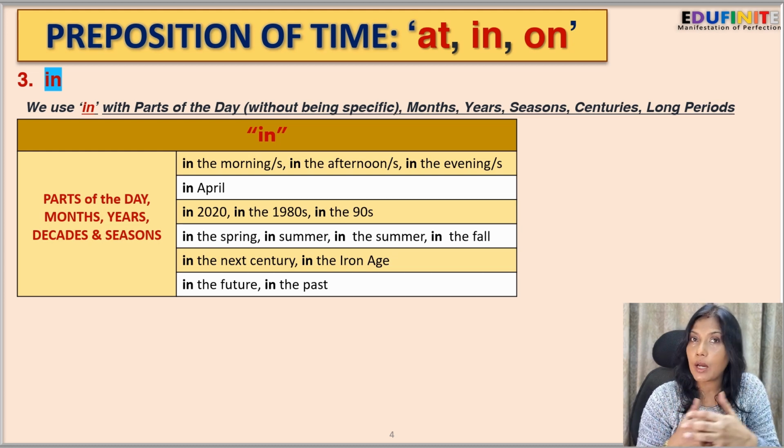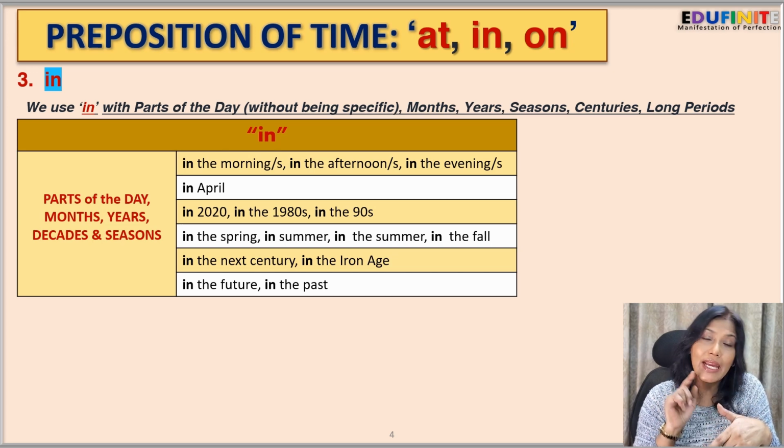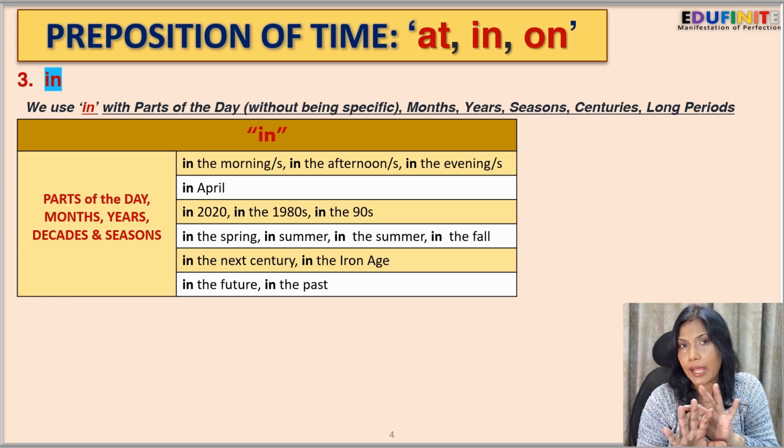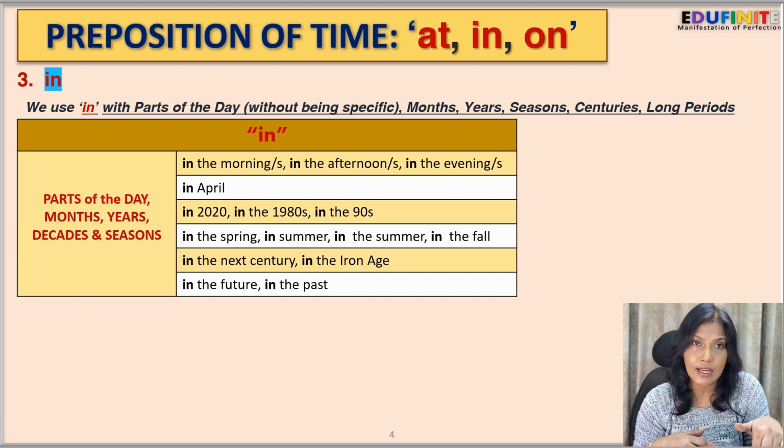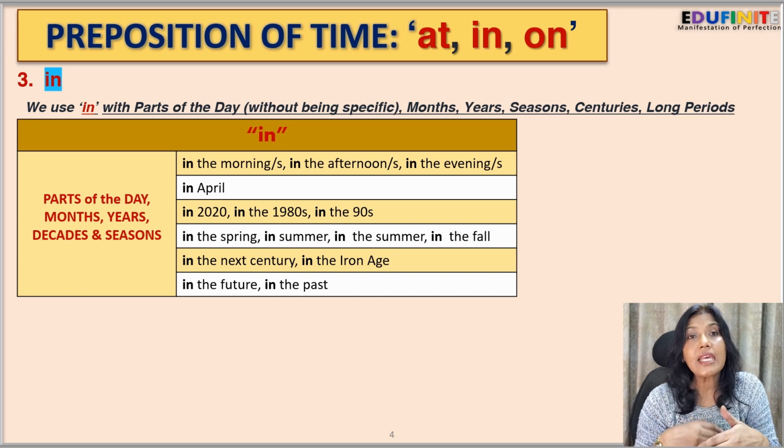In the spring, as I said about seasons, in the spring, in summer, or in the summer, or in the fall, anything related to seasons. Next, in the next century, or in this century, whatever. In the Iron Age, long periods. In the future, in the past. So these are a few ways in which we use the preposition of time in.